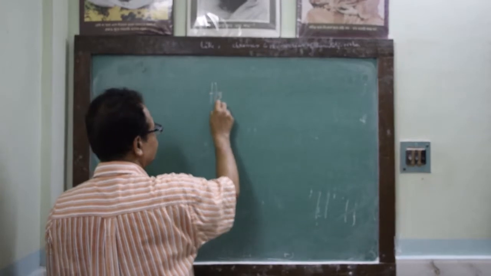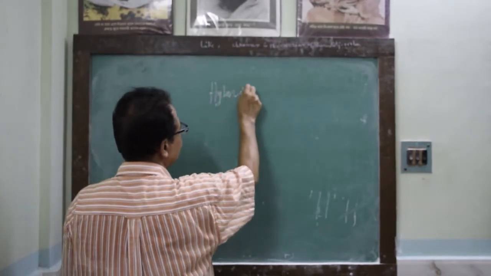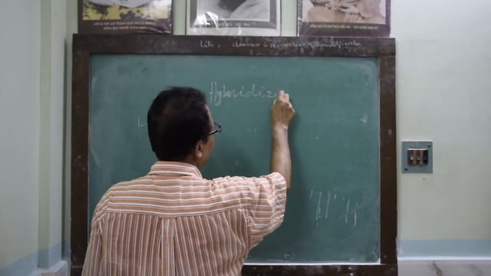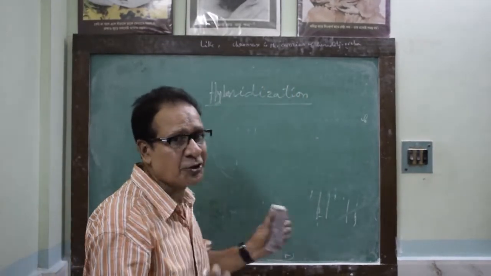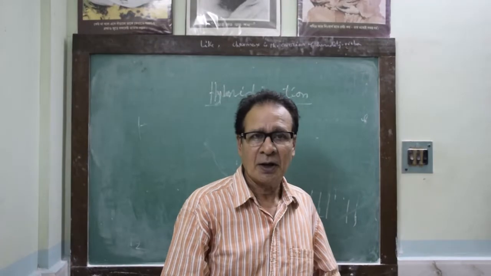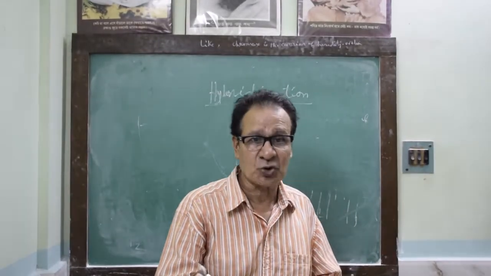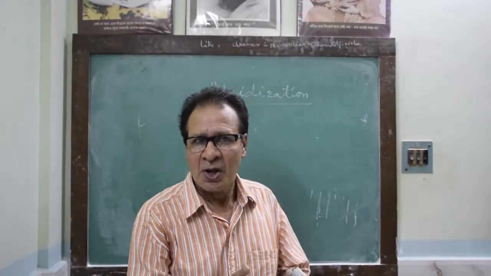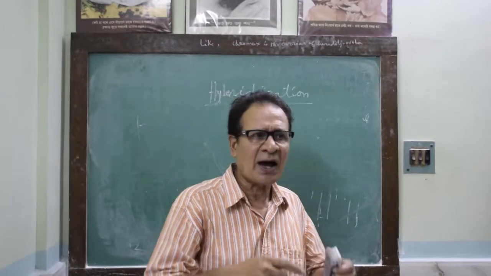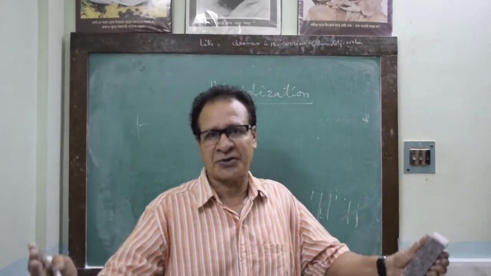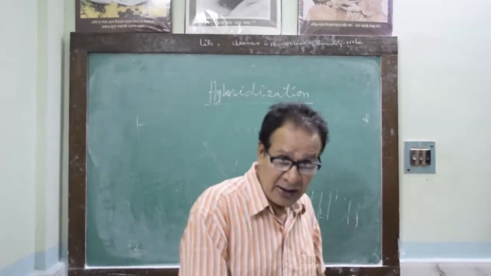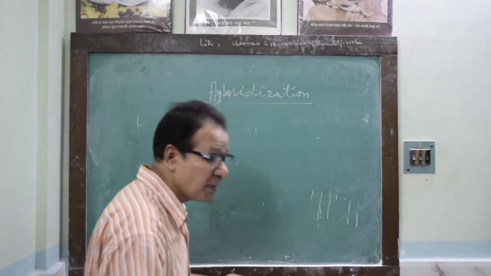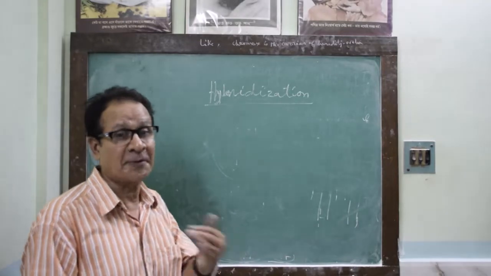Hybridization. When a cross or sexual reproduction is done between two organisms of the same species, considering the characters with contrasting traits, it is known as hybridization, and the offspring produced are known as the hybrid.